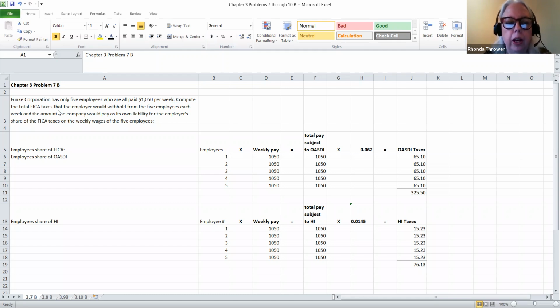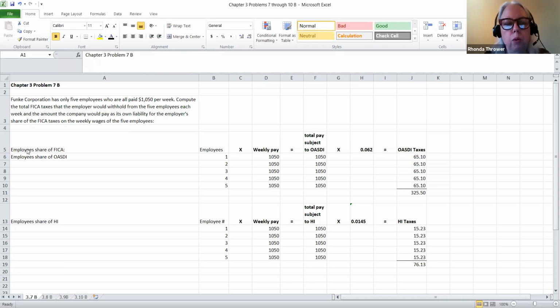Compute the total FICA taxes that the employer would withhold from the 5 employees each week and the amount the company would pay as its own liability for the employer's share of FICA taxes on the weekly wages of 5 employees.